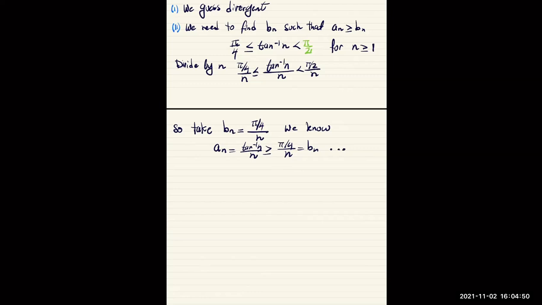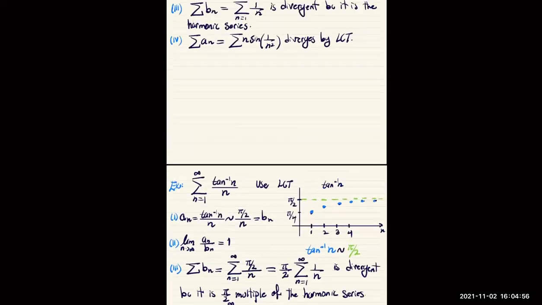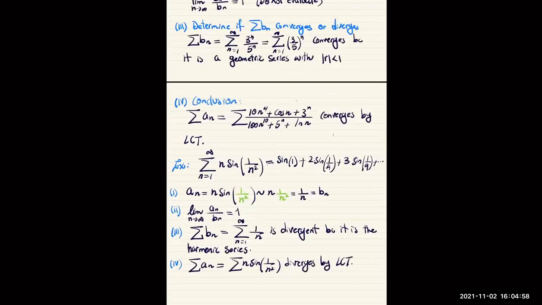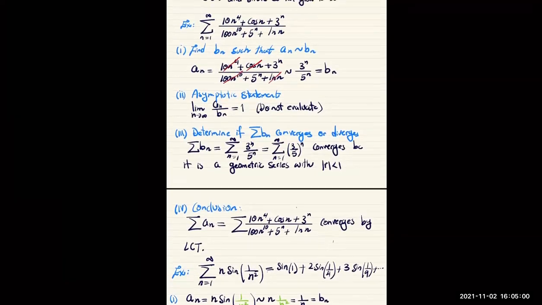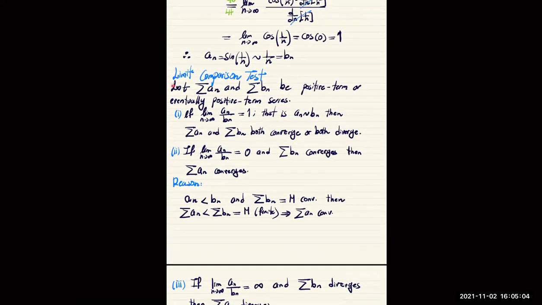Okay, I want to do one more example. We haven't yet seen a case where these scenarios happen. The limit comparison test has 3 statements. So far we have seen this scenario. We haven't seen the next 2 scenarios.